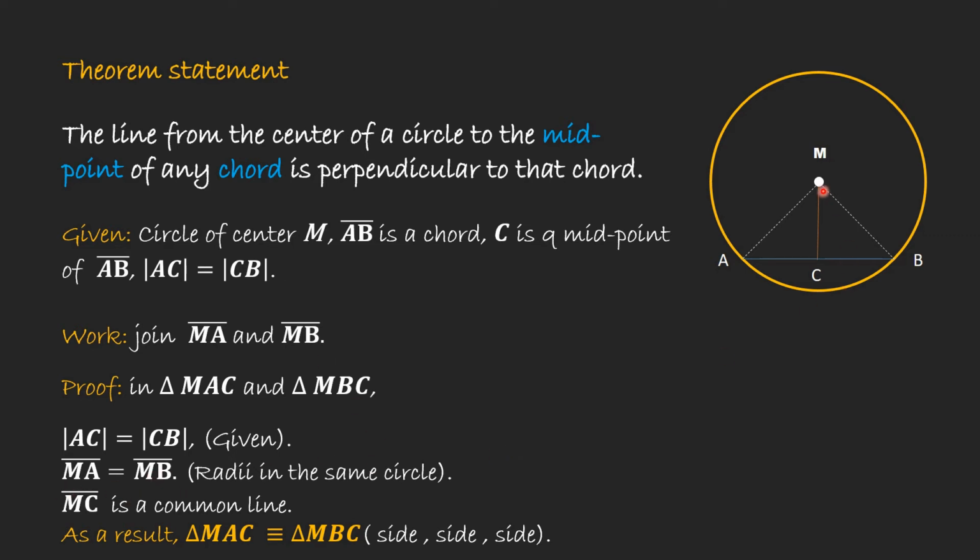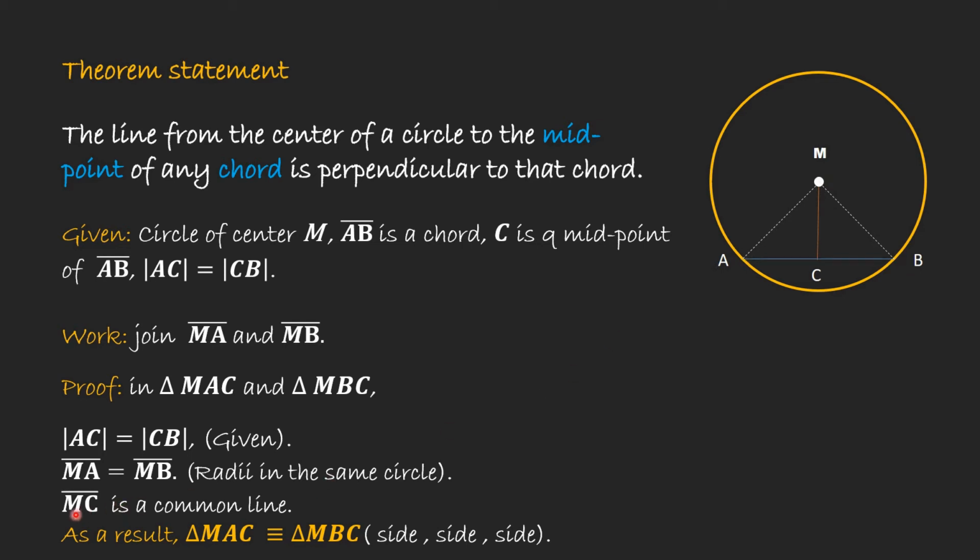Why? Because both of them are radii. This is a radius. MA will be equal to any other radius in this circle. So the other radius we have here is MB. So these two radii are equal. So this is the second point.